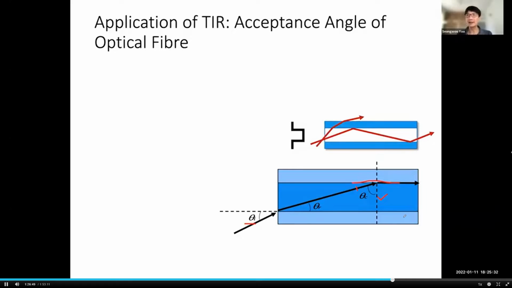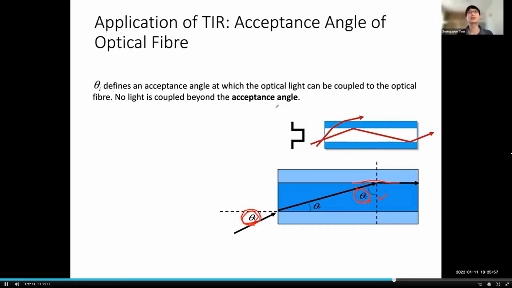From this diagram, you can easily see that this critical angle condition is actually related to the first incident angle. In other words, the occurrence of the total internal reflection is determined by this incident angle, and this incident angle is called the acceptance angle.